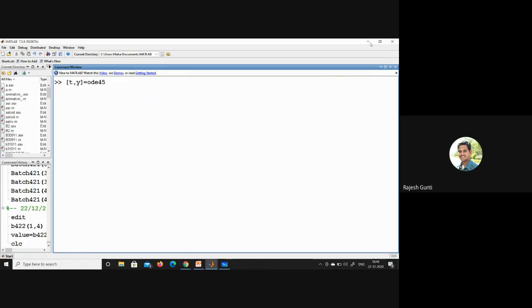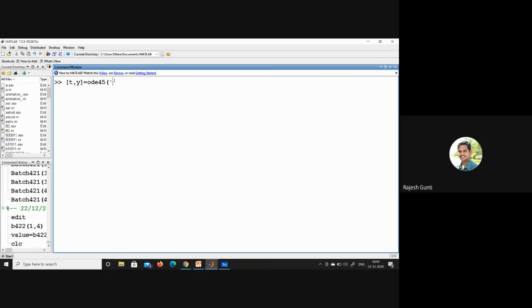It is an inbuilt function, like square root of something or sine of some function. ODE45 is a solver to solve a differential equation. Instead of ODE45, I could write my own program to solve a differential equation, with a file name maybe KSR1 or KSR2. I will do that later.